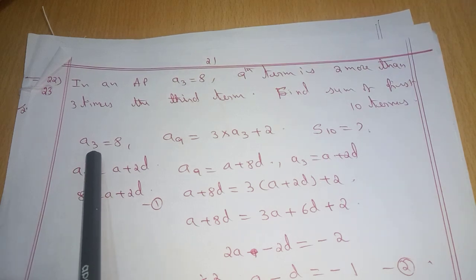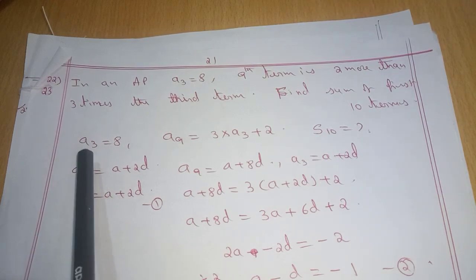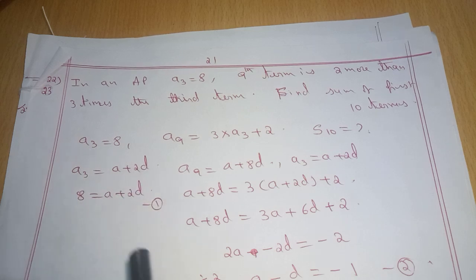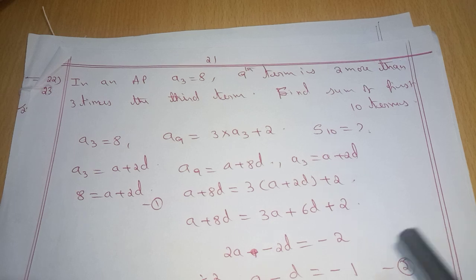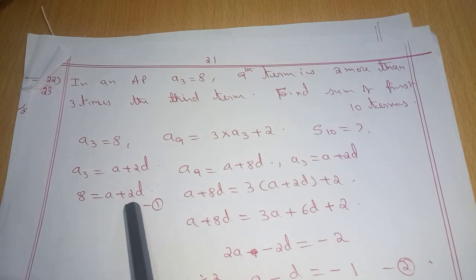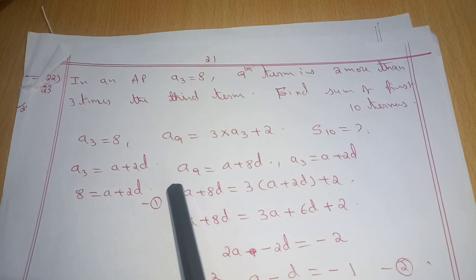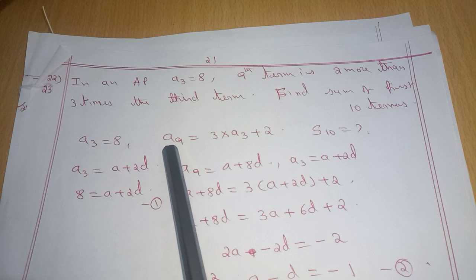Now using the An formula, A3 will be written as A plus 2D. A plus 2D is equal to 8. Now how to write A9?